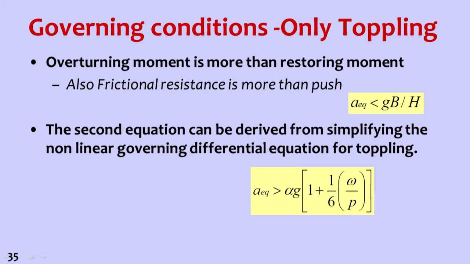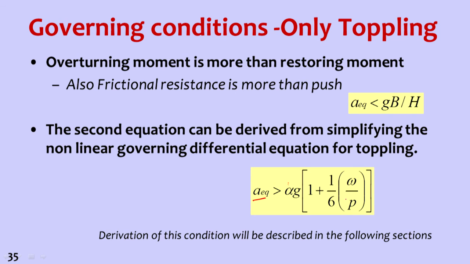So what is that? Let us look at it. This is the solution of the nonlinear governing differential equation for the toppling condition. If acceleration is more than alpha times g multiplied by 1 plus 1 by 6 into omega by p. Now what p and omega are, we will discuss now.